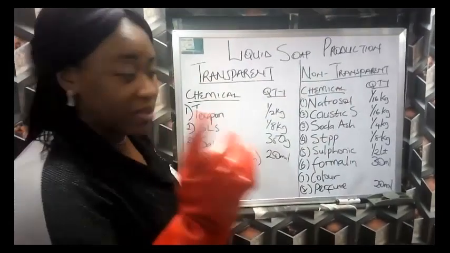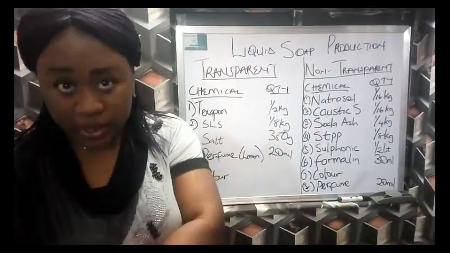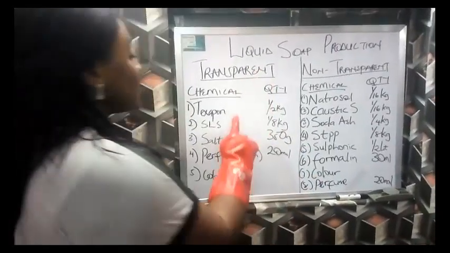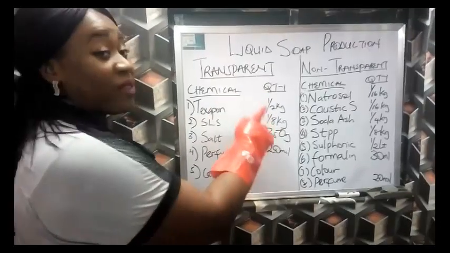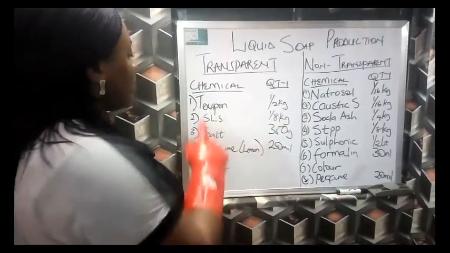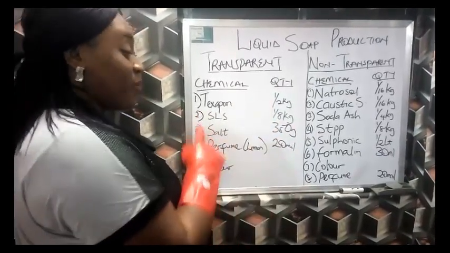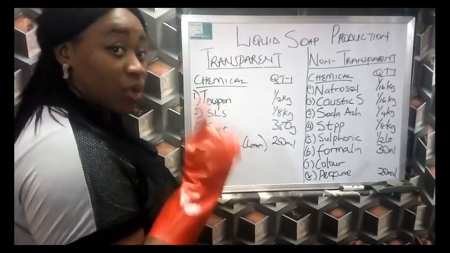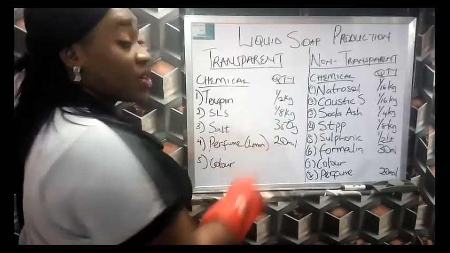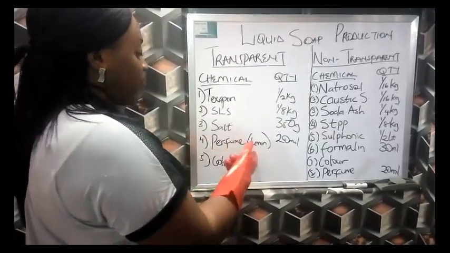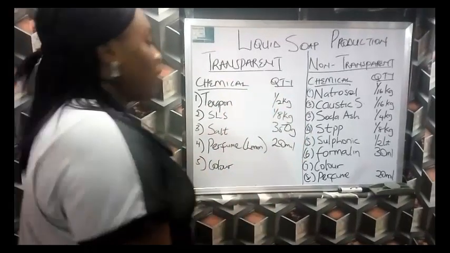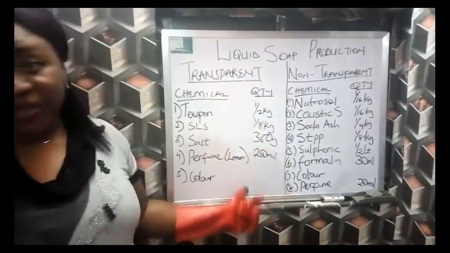For the transparent, which is going to be in this bucket, I'll be using Texapon, precisely 1/2 kg for this 10 liters. I'll also be using SLS, 1/8 kg. I'll be using salt, yes, salt, 350 grams, and I'll be using my perfume and color. As you can see, for the transparent, I'm only going to be using 5 chemicals.